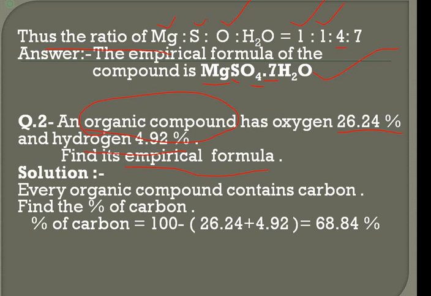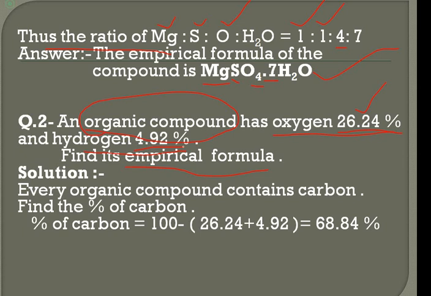In any question, if your master or your examiner says it is an organic compound, then it simply means that it is made up of carbon, hydrogen and oxygen. But you see there, it only gives you the percentage composition of oxygen and hydrogen, but it has not given you the percentage composition of carbon.